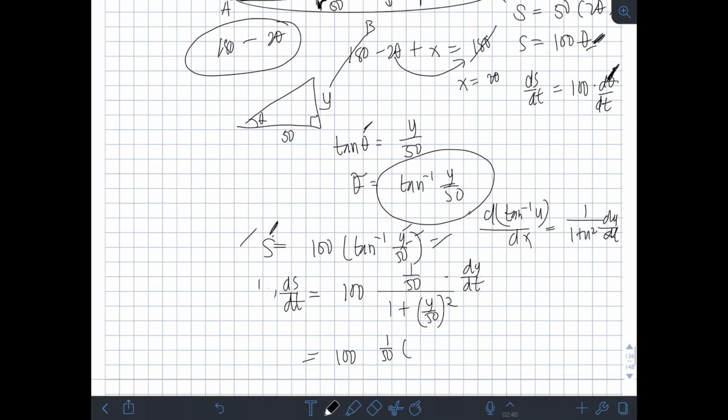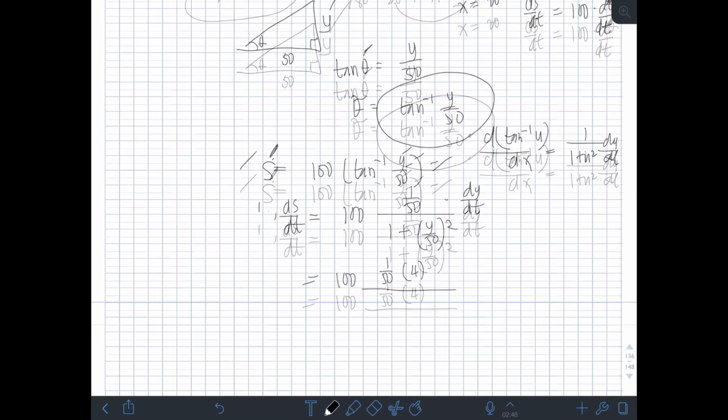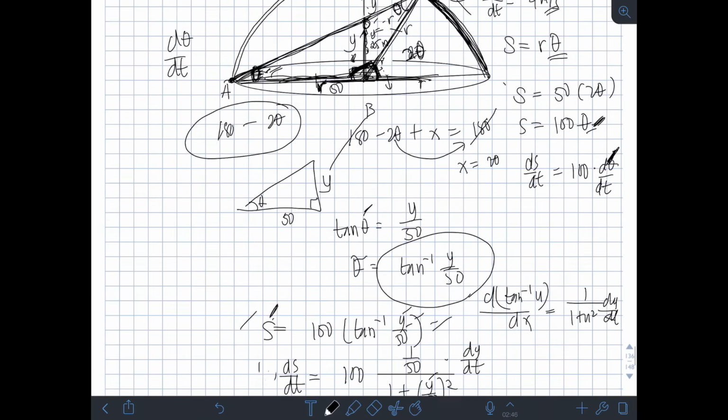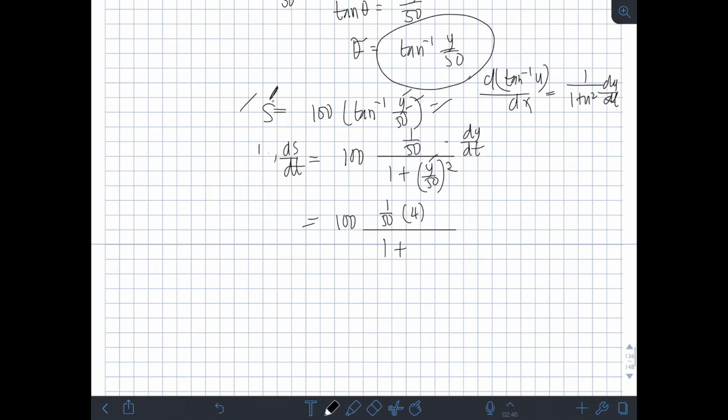Kanina, 4 nga. Over 1 plus y. This time is yung given dapat is y is equal to 25, right? So, 25 over 50 square. Okay? So, using calculator, ang masasolve nating value ng ds over dt is what? Simplify natin to. 6.4 meter per second. Okay?